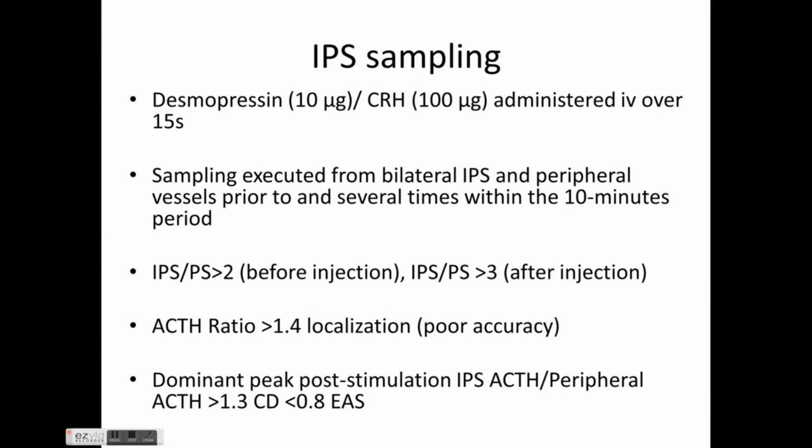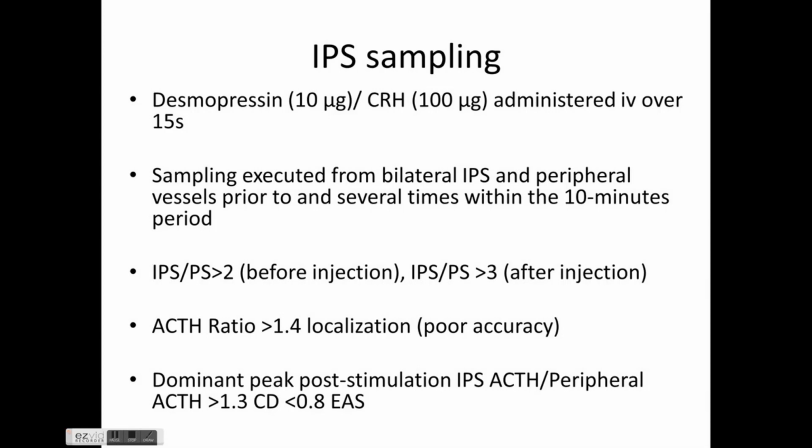Now coming to the inferior petrosal sinus sampling, we either administer desmopressin 10 microgram or CRH 100 microgram. It's administered IV over 15 seconds, and sampling is executed from the bilateral inferior petrosal sinus and peripheral vessels prior to and several times within the 10-minute period.